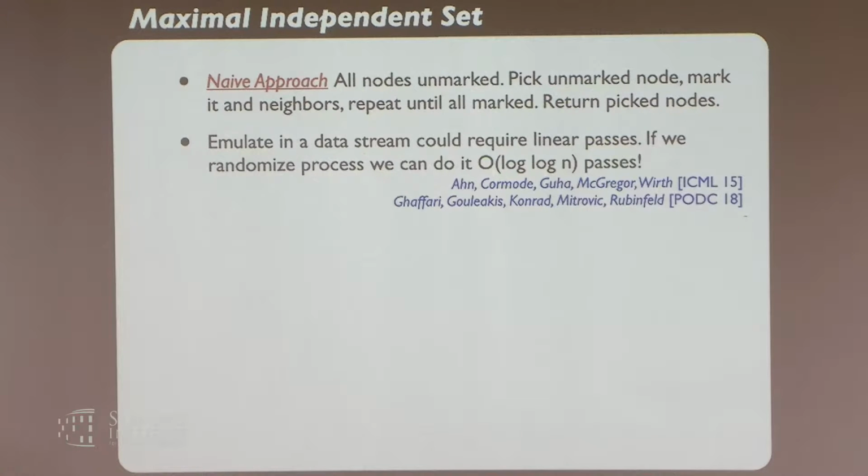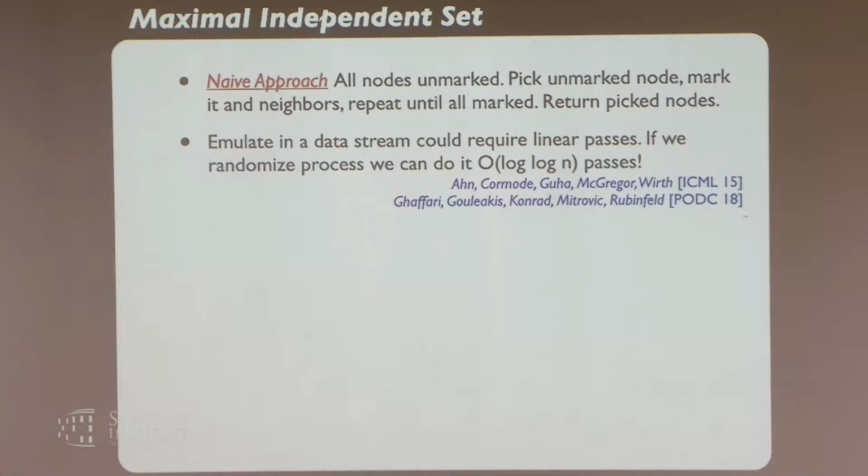The basic intuition is that if you pick a random node and add it to your independent set, either that node has high degree, in which case in one pass you're going to mark many nodes as deleted and make progress that way, or else it didn't have many incident edges.